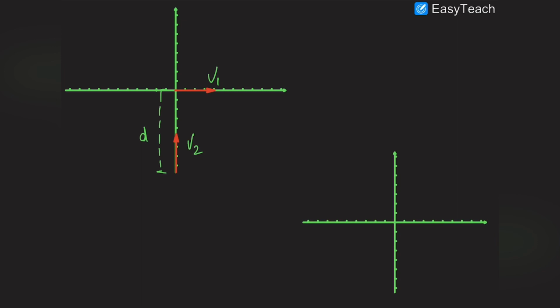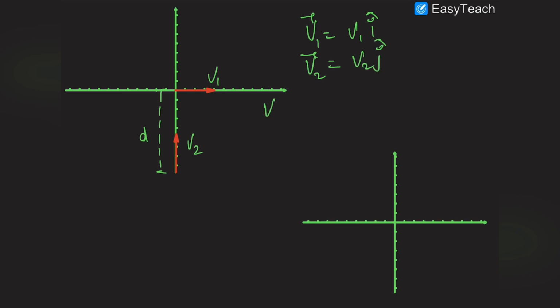So first of all, let us write down v1 in vector form. v1 in vector form will be equal to v1 i cap, and v2 in vector form will be equal to v2 j cap.